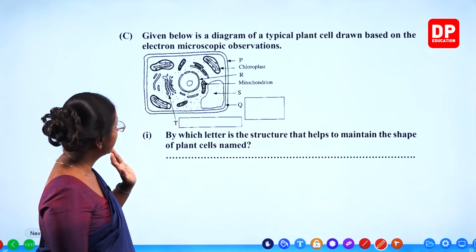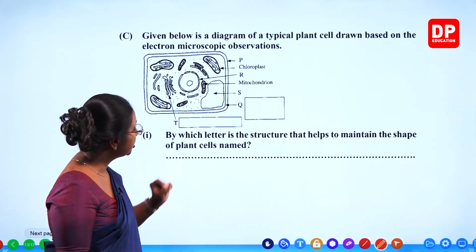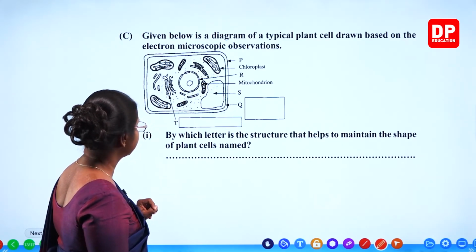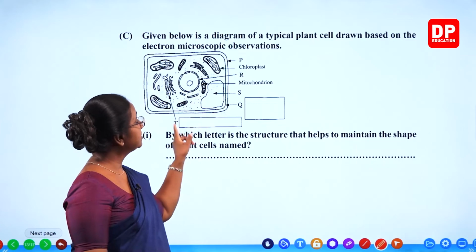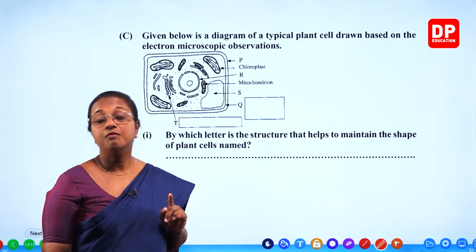Then the first question based on that, you can see by which letter is the structure that helps to maintain the shape of plant cells named. Plant cells, the shape is maintained by P, the cell wall.